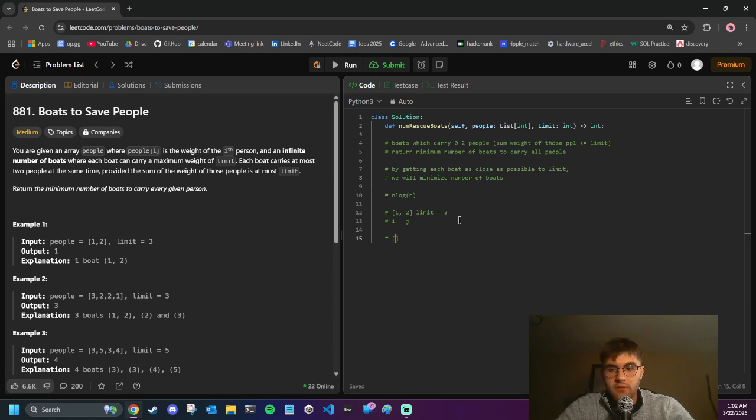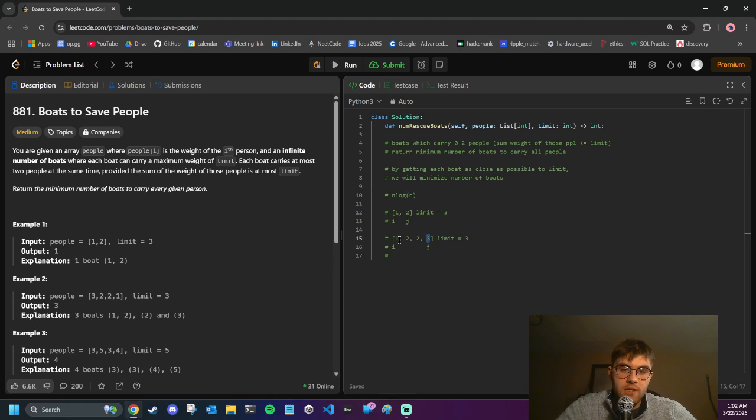If we look at another example, 1, 2, 2, 3, where limit equals 3, we'd have I and J like so. So this boat can't fit anymore. So like J is greater than or equal to the limit. Well, I guess I plus J is greater than the limit. So we would, because we know J has to be less than the limit.